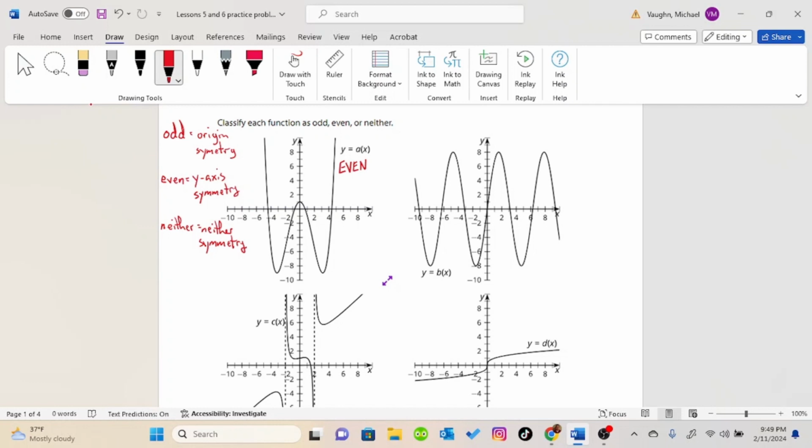For number 2, if you took the right half of this graph and you swung it around onto the left half, it would be symmetrical. So the symmetry is about the origin. And therefore, this is an odd function.